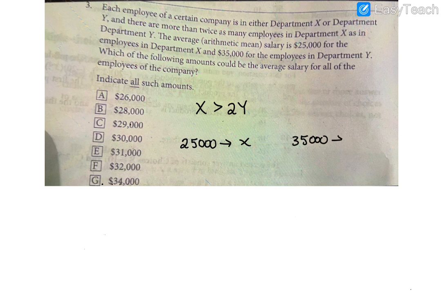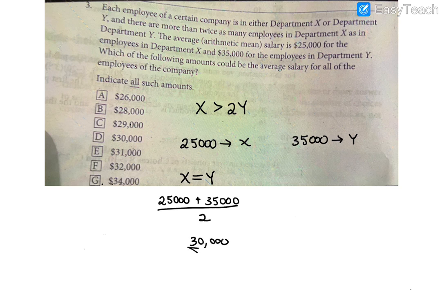Okay, so the way I would look at it is first, if you had the same number of employees in both, if X were equal to Y, then the average overall would just be the average of their averages. So if I do 25,000 plus 35,000, strictly divided by 2, you're going to go right in the middle.